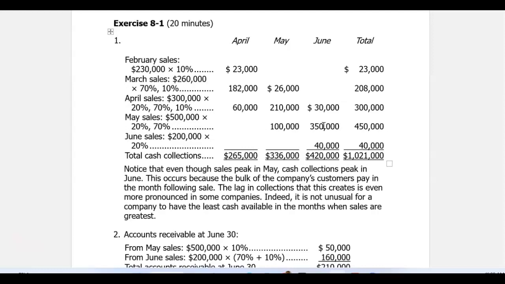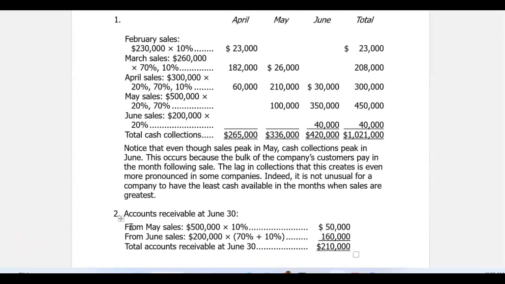So keep that 10% in your mind, okay? Just take a note. You see, 10% in July. So at the end of June, there is 10% of May sales still in accounts receivable.